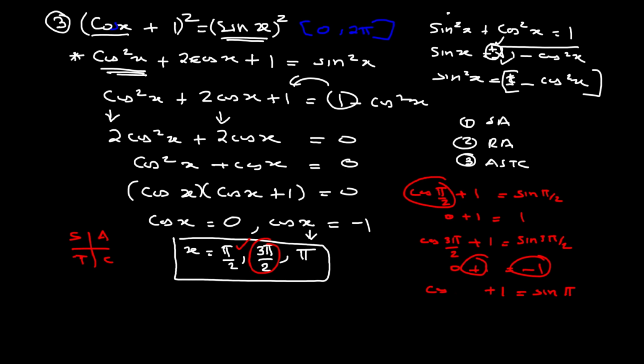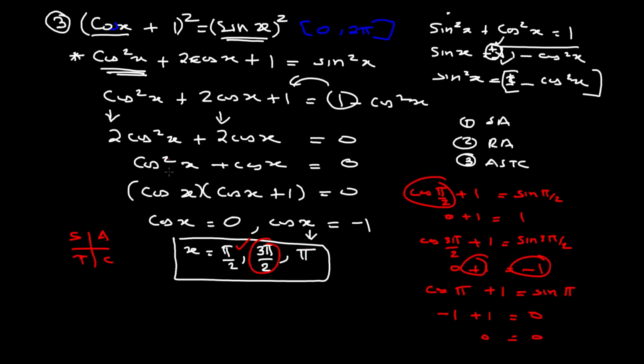Right. So cos pi gives us negative 1. Then negative 1 plus 1 is 0. Then sine 180 or sine pi gives us 0. So this is 0 is equal to 0. So this is part of the solutions.